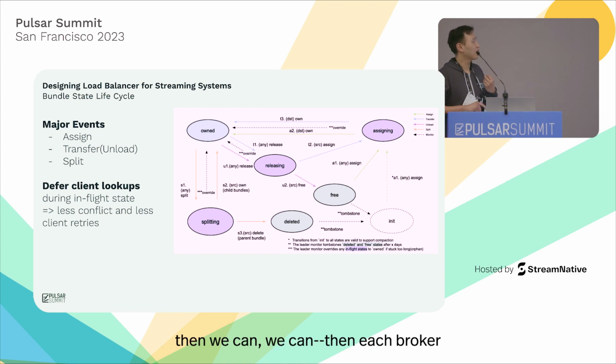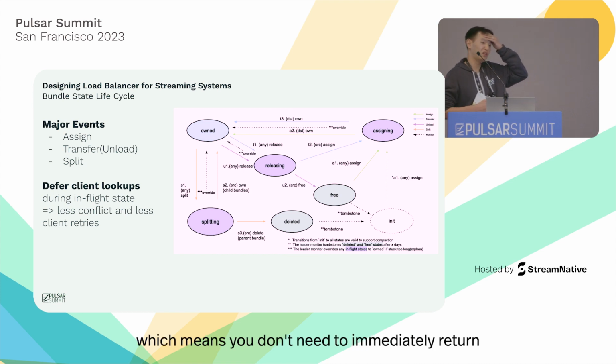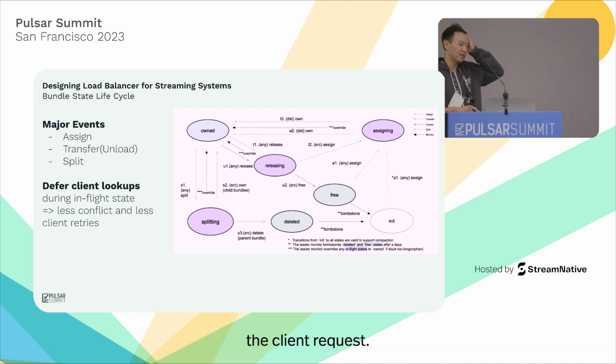Then each broker plays its role in its transition protocol to clearly finish the bundle state change event. Also for these in-flight states, we can defer the client lookups, which means we don't need to immediately return the client lookup request.